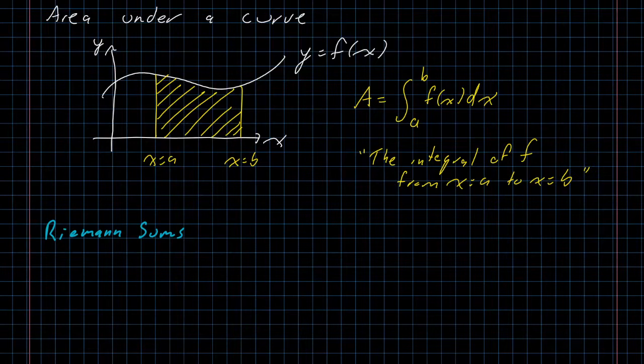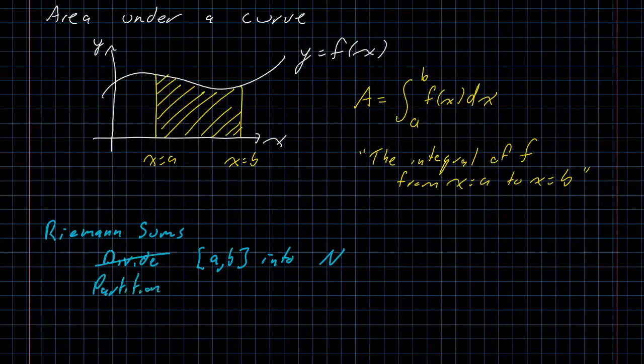And so we're going to figure this out using a tool called the Riemann sum. We want to divide up the interval from a to b on the x-axis here into n subintervals.